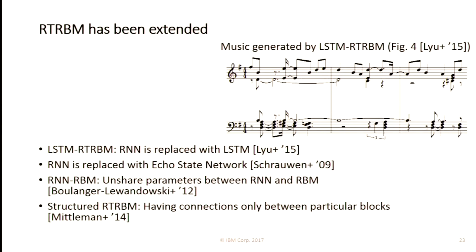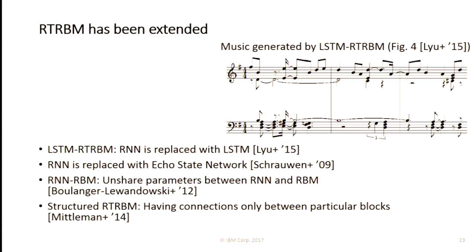But this recurrent temporal RBM has been extended in several ways. For example, the RNN part of this model has been replaced with LSTM or echo state network. In the case of a recurrent temporal neural network, it can be seen as an RNN, but with an output given by a restricted Boltzmann machine.